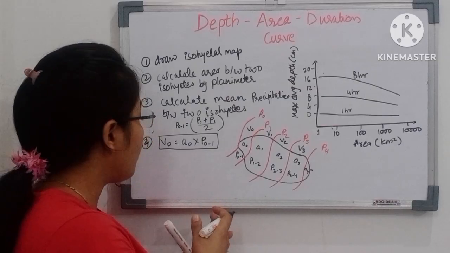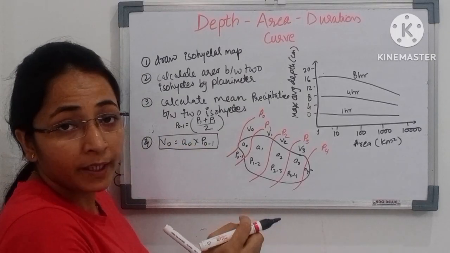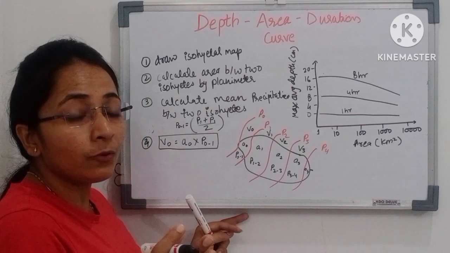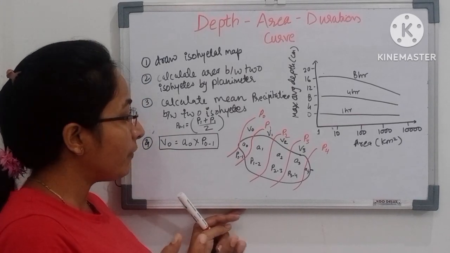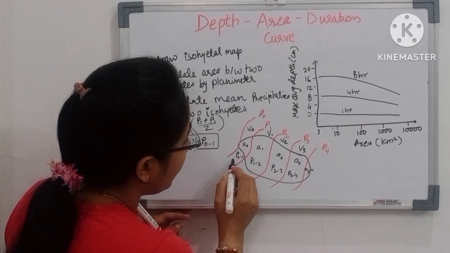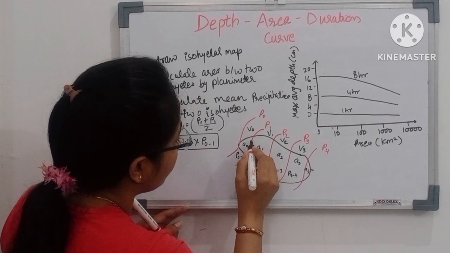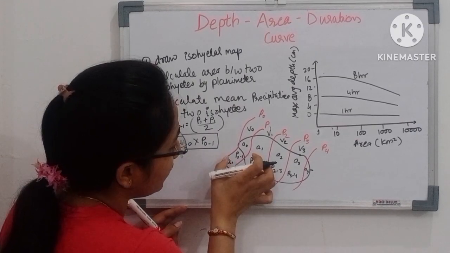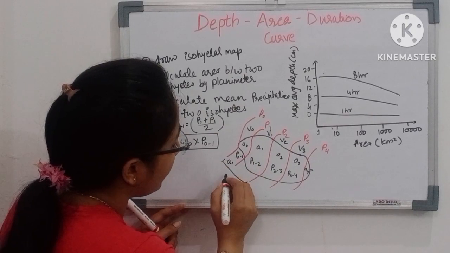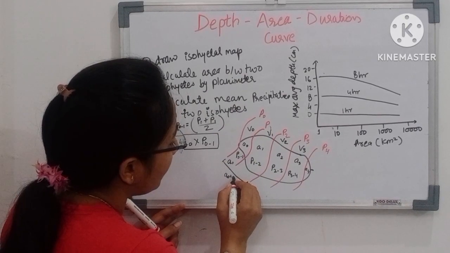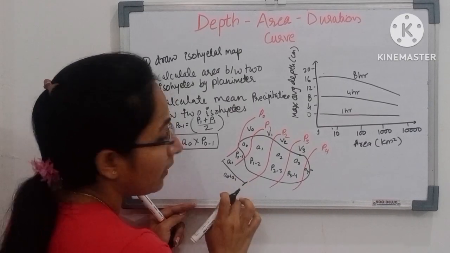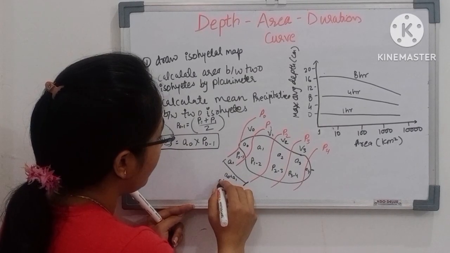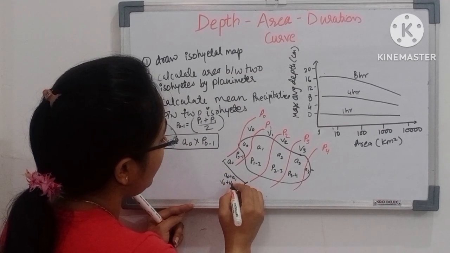After the estimation of volume, we will calculate the cumulative volume and cumulative area. How will we calculate them? For this one, the area is A0. For these two isohyets, the cumulative area will be A0 plus A1, and the volume between P0 and P2 will be V0 plus V1.